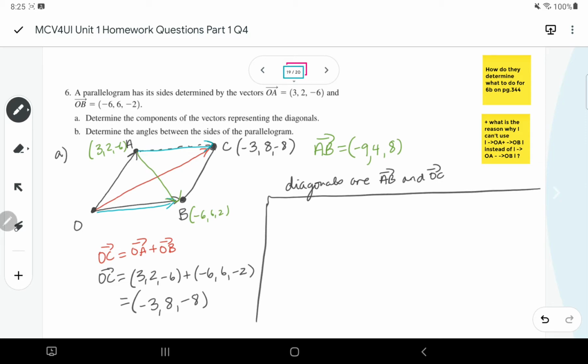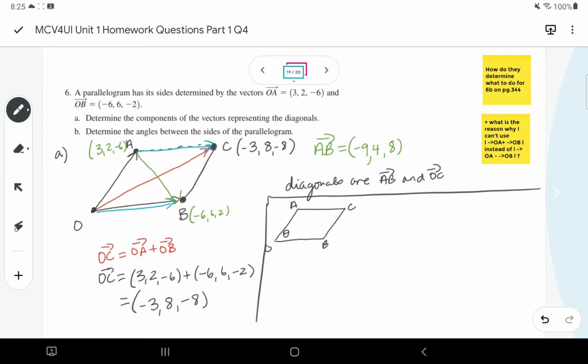The next part has us looking at the angles between the sides of the parallelogram. So if we have, let's say, O, A, B, and C like that, I want to find the angles between the sides. I'm just going to pretty arbitrarily find this angle here.